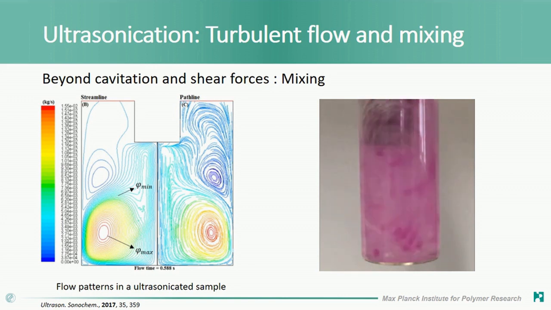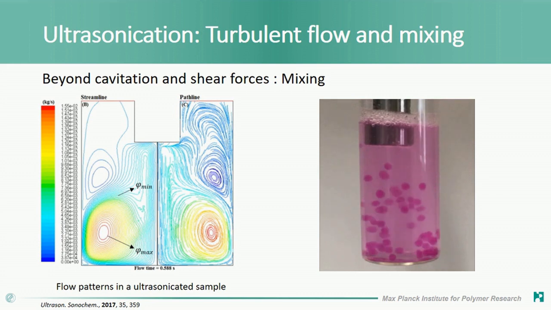We could map those turbulent flows. The mixing is really good using only the turbulent flow created from the ultrasound, but this could also be improved or complexified if you put a stirring magnet at the bottom and then stir your solution during ultrasonication.